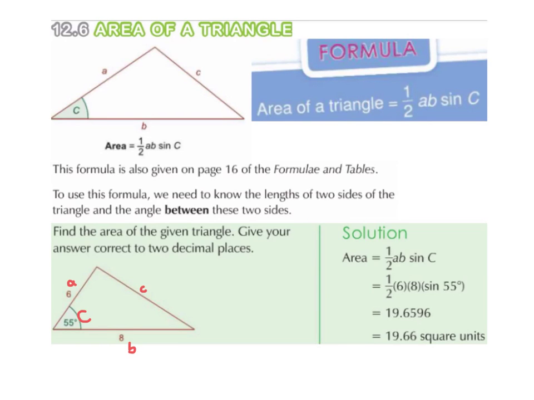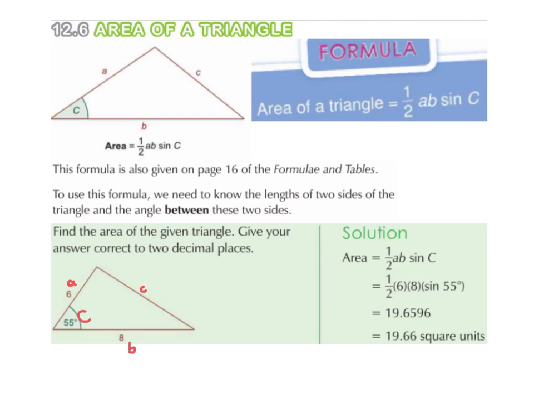So remember, to use this formula, you have to have two sides, two lengths, and the angle in between the two sides. So we had this side, which was 6, and this side, which was 8, and we had the angle in between. If you do not have those 3 pieces of information, then you're going to have to use either the sine rule or the cosine rule to find them.